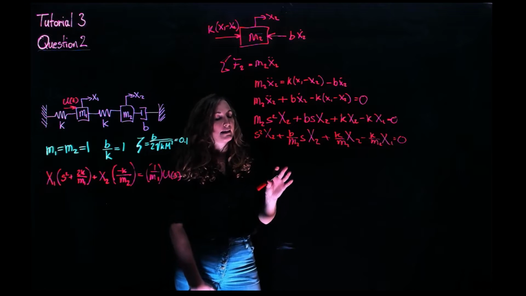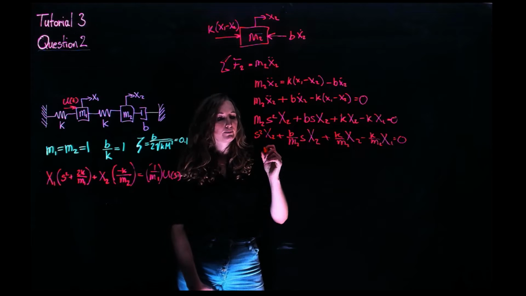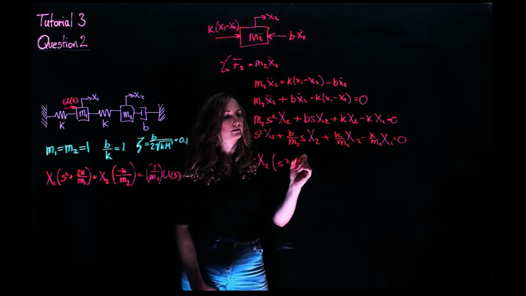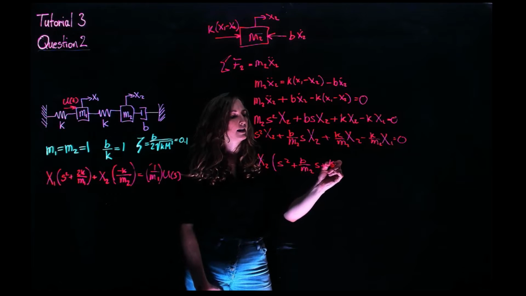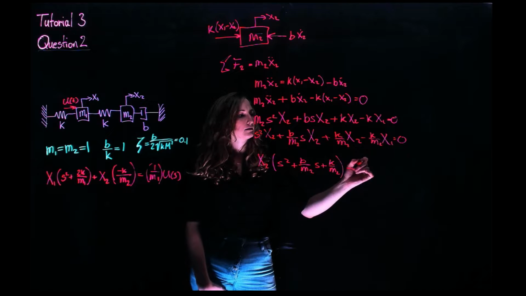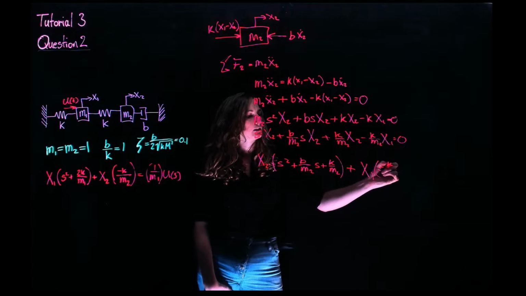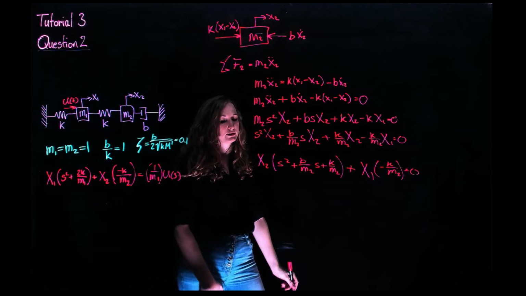All right, and now what we want to do is group those variables, so we get x2 times s squared plus b over m2 s plus k over m2, minus k over m2 x1, and that's all equal to 0.